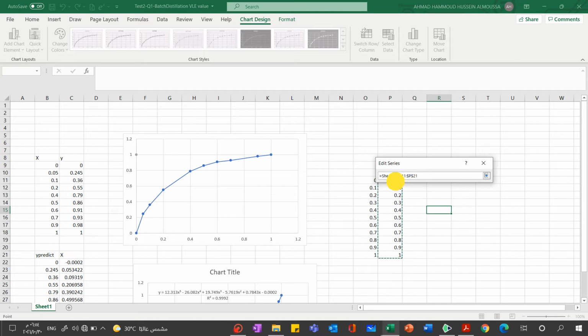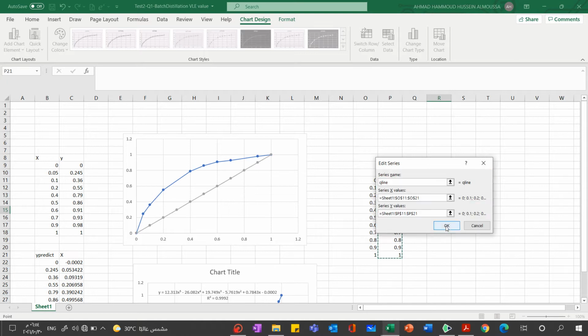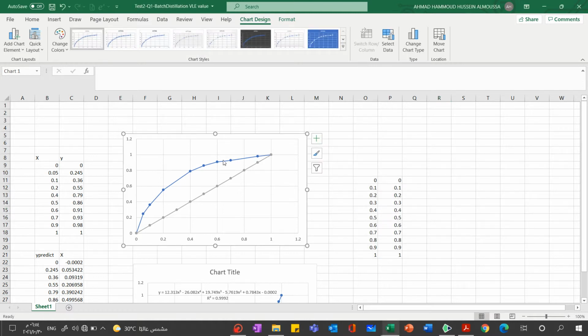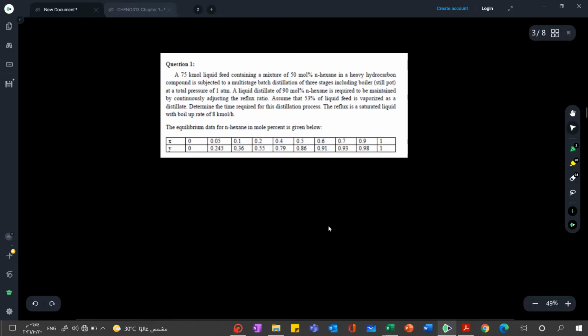Like what you see here, the equilibrium line is not shaped like this, not like that, but it has some curvature. I hope you know what I mean.